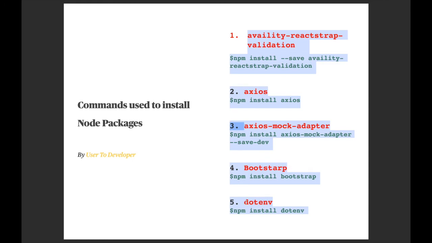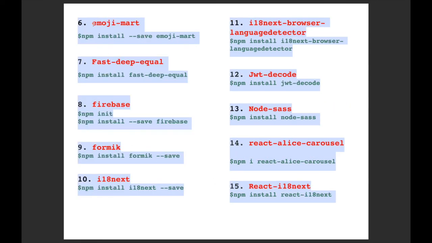After this, dotenv. So friends, dotenv is a zero dependency module that basically loads the environment variables from a .env file, which we will be making inside our project, through process.env. And after this, it is very clear from its name, Emoji Mart, what this package is going to do. Emoji Mart is basically a very Slack-like customizable emoji picker component for a React application.